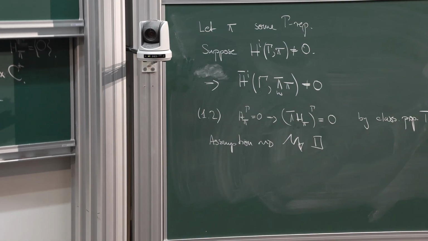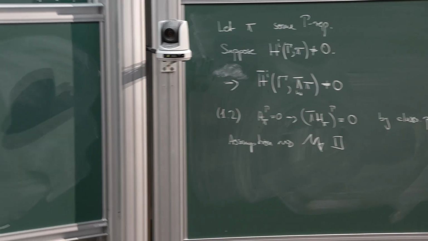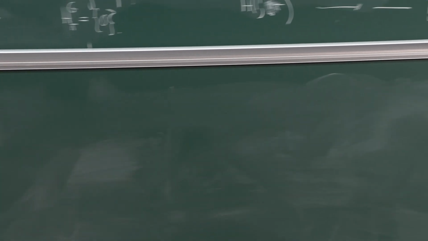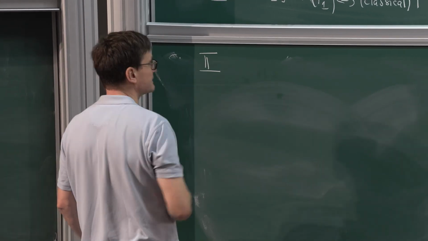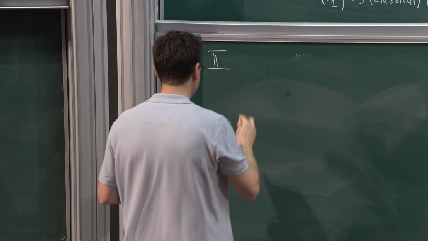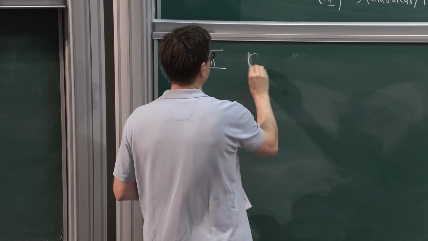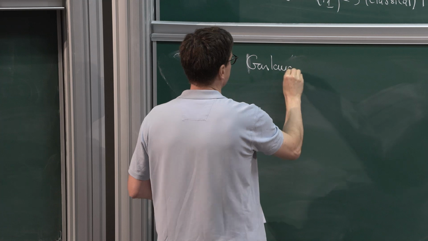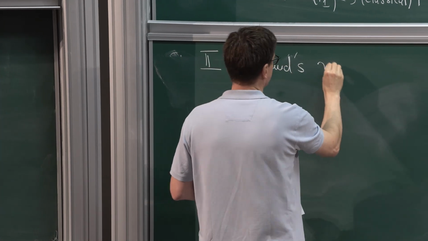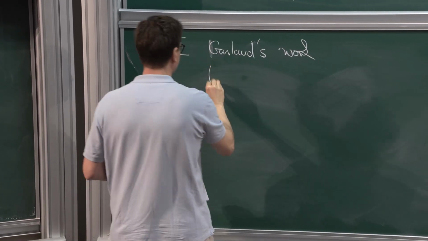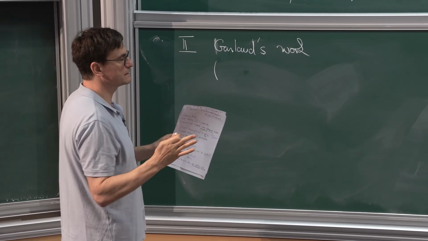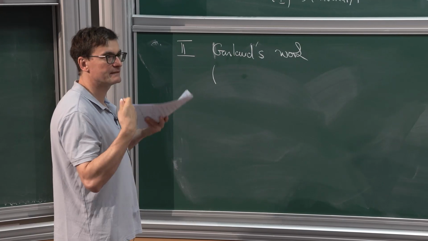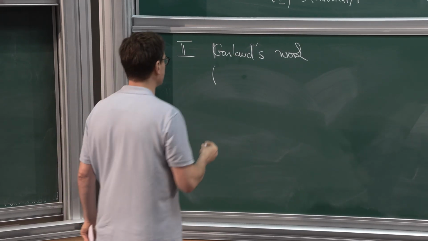All right, so that's our definition of higher property T, and now let's go to the historical first manifestation of that, which is Garland's work. And it's not just Garland, as what I will present is built on various elaborations and generalizations of Garland's work.